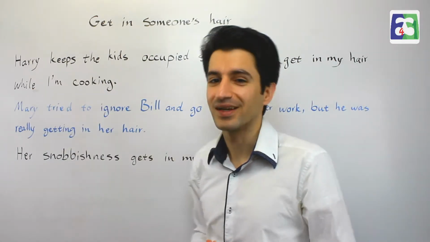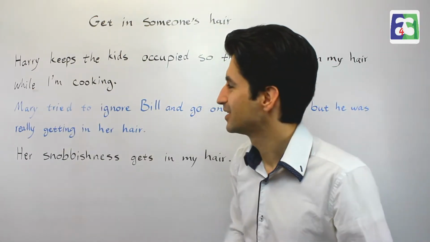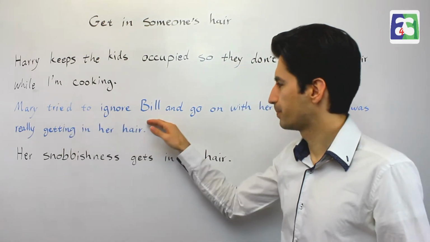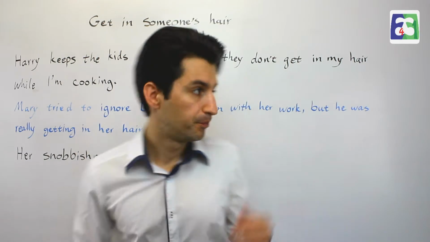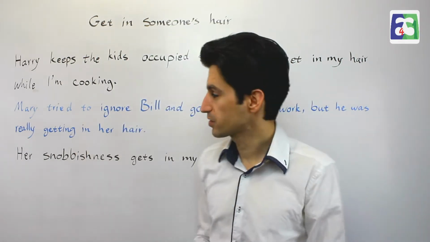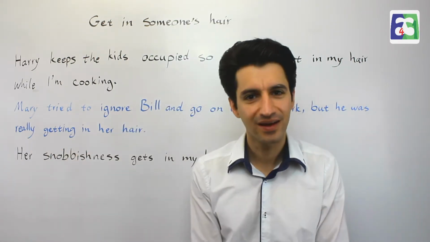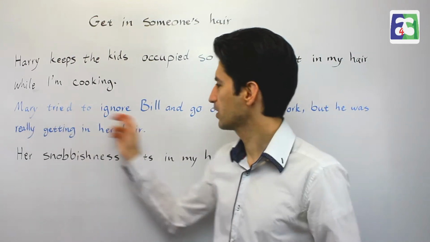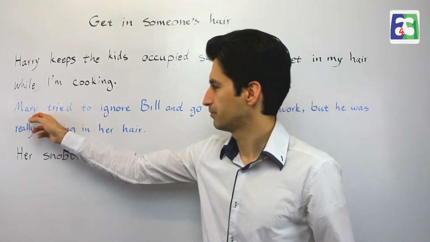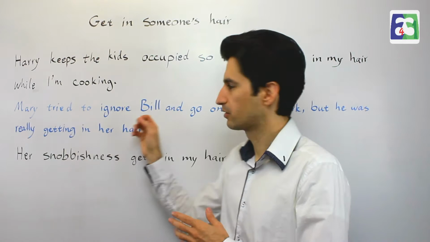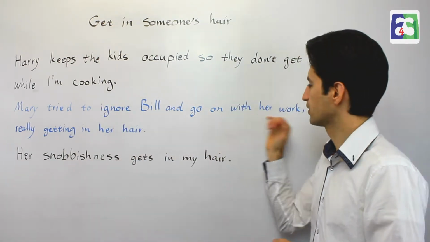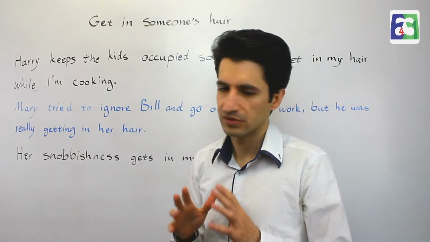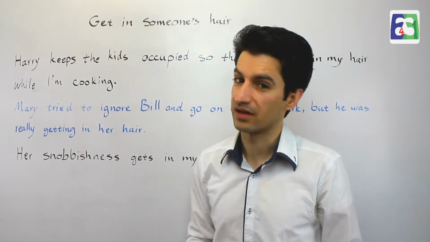Now let's look at the other example. Mary tried to ignore Bill and go on with her work, but he was really getting in her hair. We've got Mary and Bill. Mary tries to ignore Bill and goes on with her work as if the person is not there.